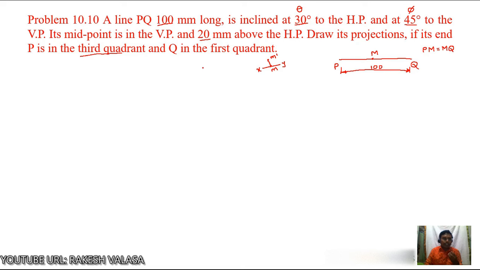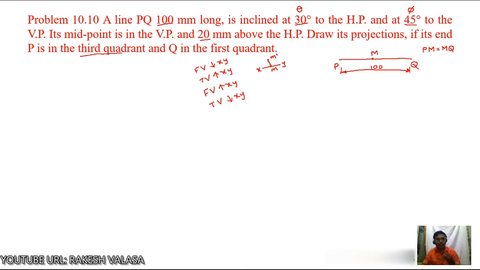That means the P dash point, the front view point, is below XY, and the top view point is above XY. And Q is in the first quadrant. This is the opposite of the third quadrant. That means the front view is above XY and the top view is below XY.